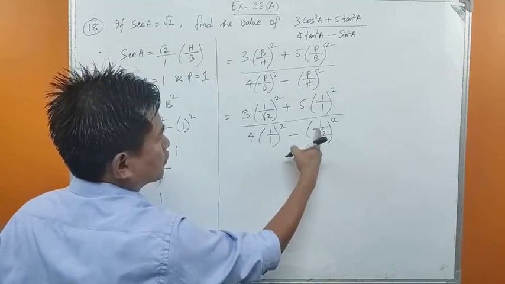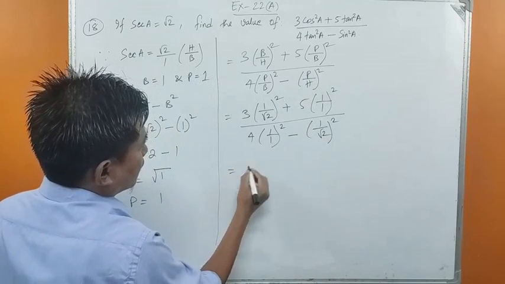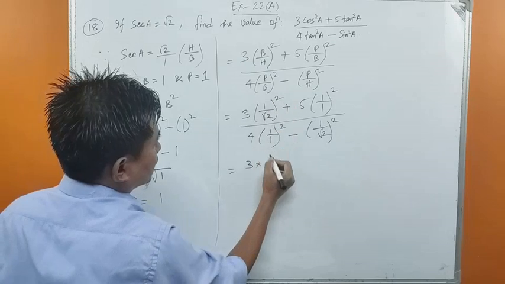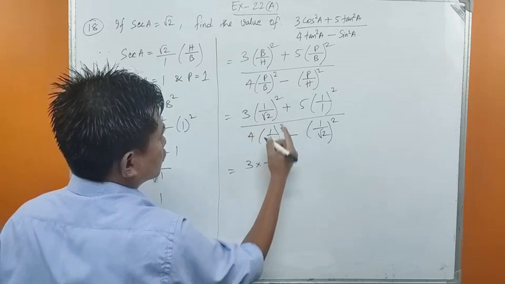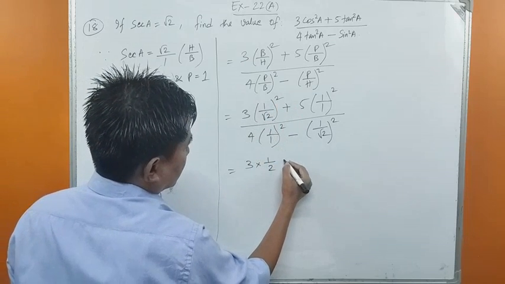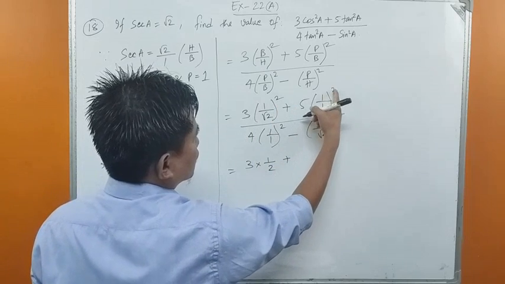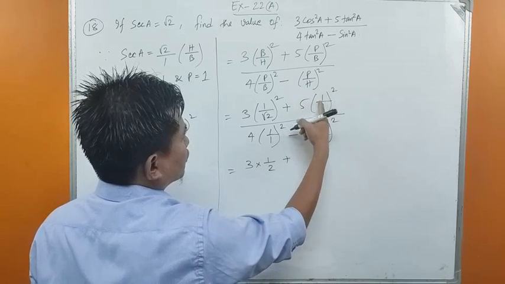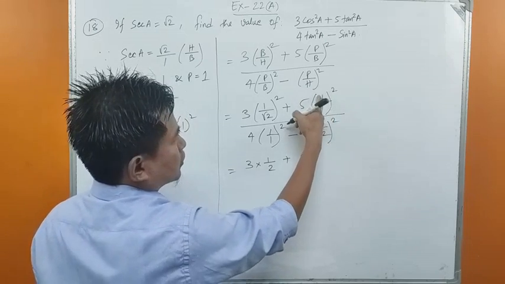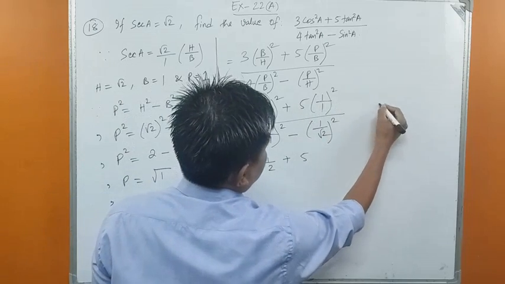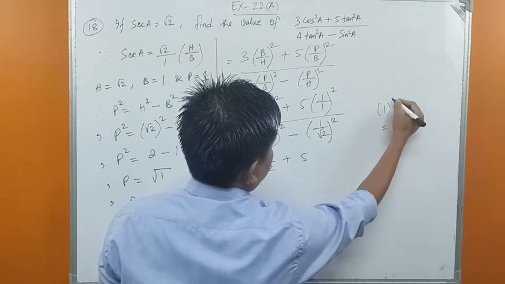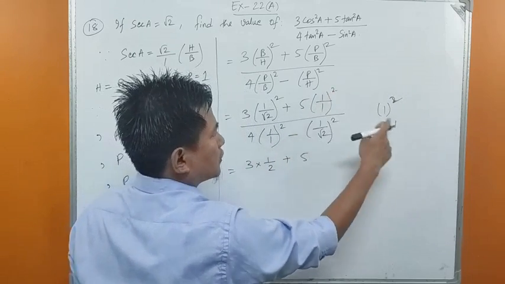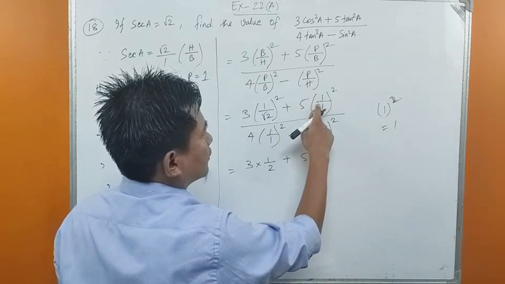So 3 we write as it is, 1 squared is 1, root 2 squared is 2. Plus 1 upon 1 means 1, 1 squared is 1, so 5 into 1 is 5.